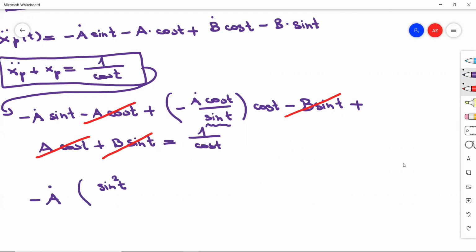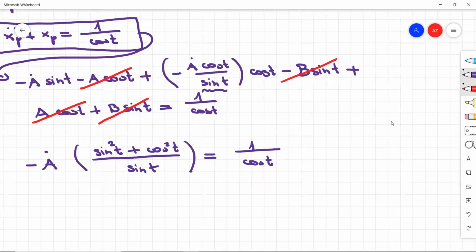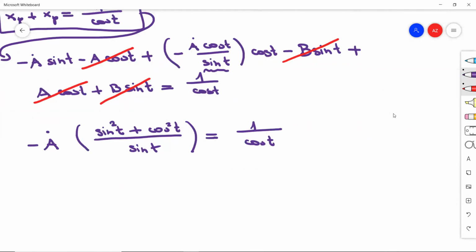So we get sine t squared plus cosine squared over sine is equal to 1 over cosine.